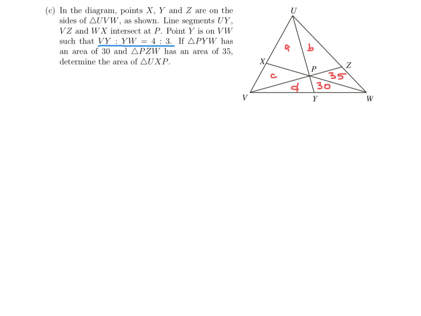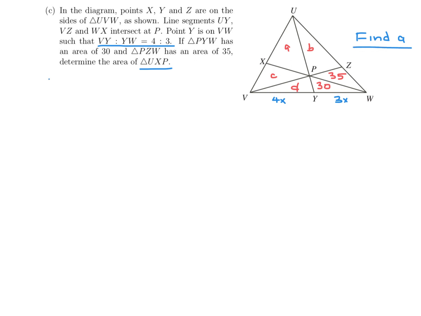This guy right here. So that's VY to YW, so 4x for VY and 3x for YW. And I think that's it. So what do they want? UXP. So in my diagram, UXP is labeled as A. So find A, I guess, is my ultimate goal in this question.